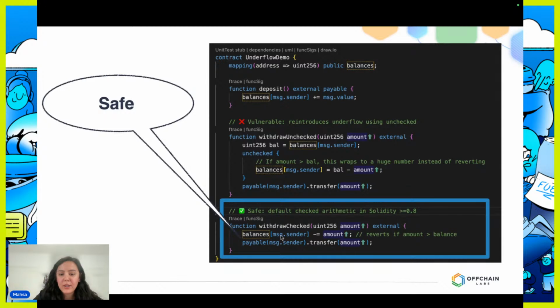And the safe one is this. In Solidity, as I said, when the compiler is 0.8 or newer, this is prevented by default. But here it was not, because the person used the unchecked block, maybe because they wanted to save some gas or something.